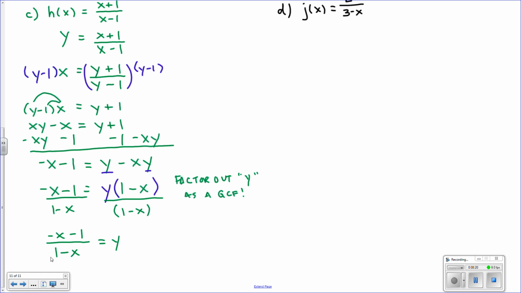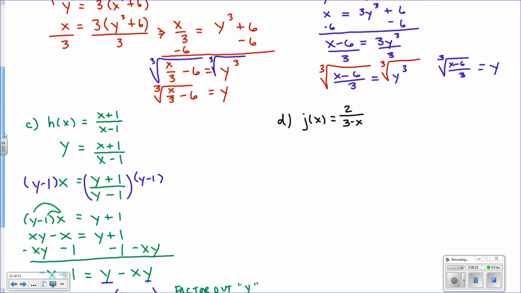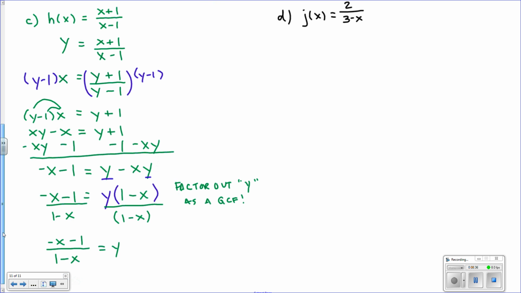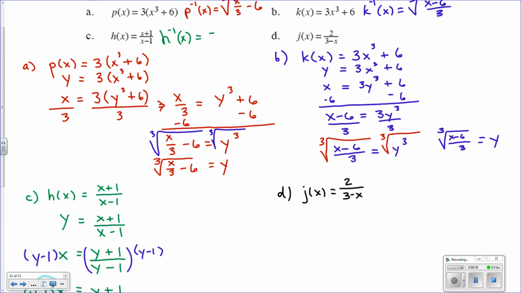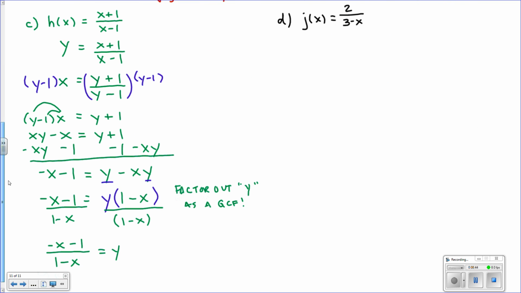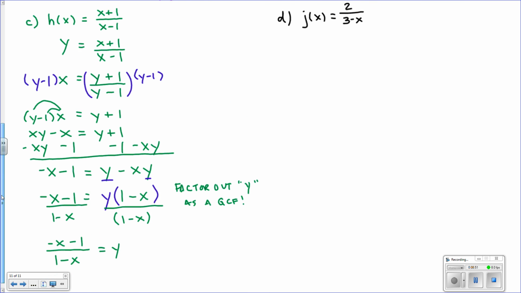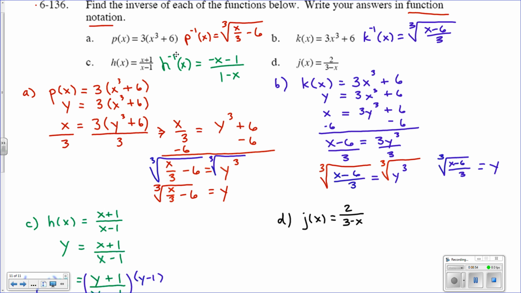The inverse of function h of x is going to end up being negative x minus 1 over our denominator, which was 1 minus x. So there is our inverse function for function h.